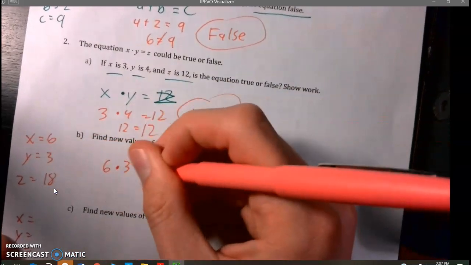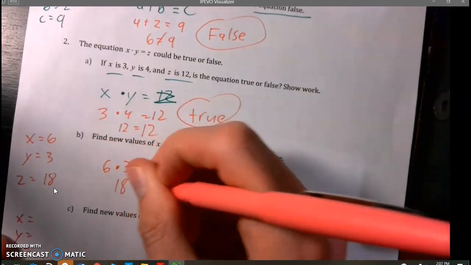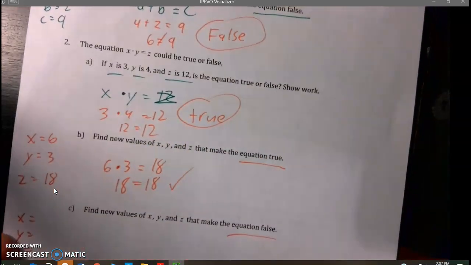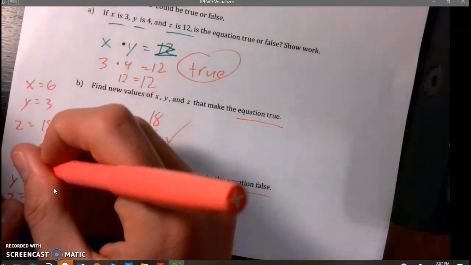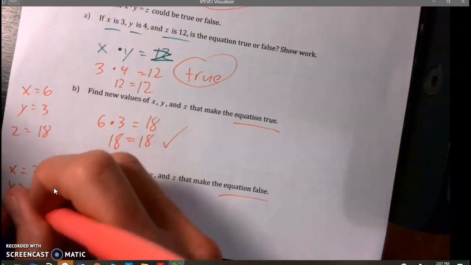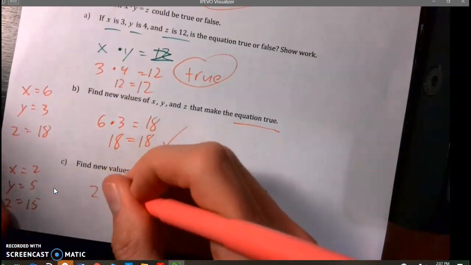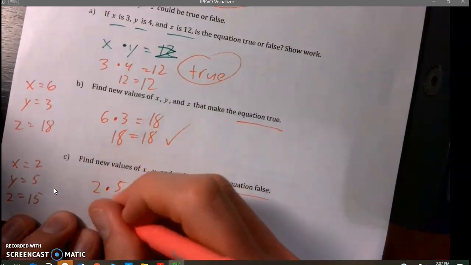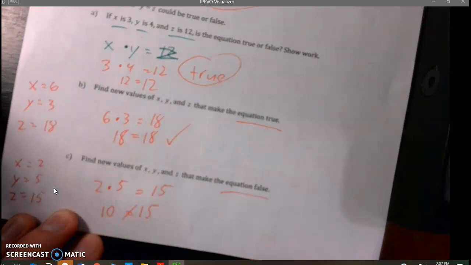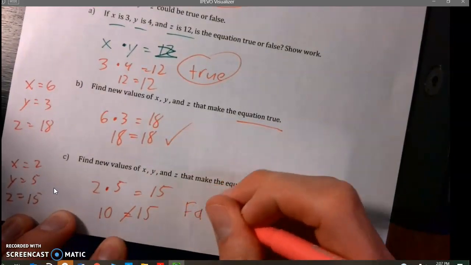And 6 times 3 is 18. So these values for my variables make it true. And now here I'm going to say 2 times 5 equals 15. And 2 times 5 is actually 10. So that doesn't equal. So this one is false.